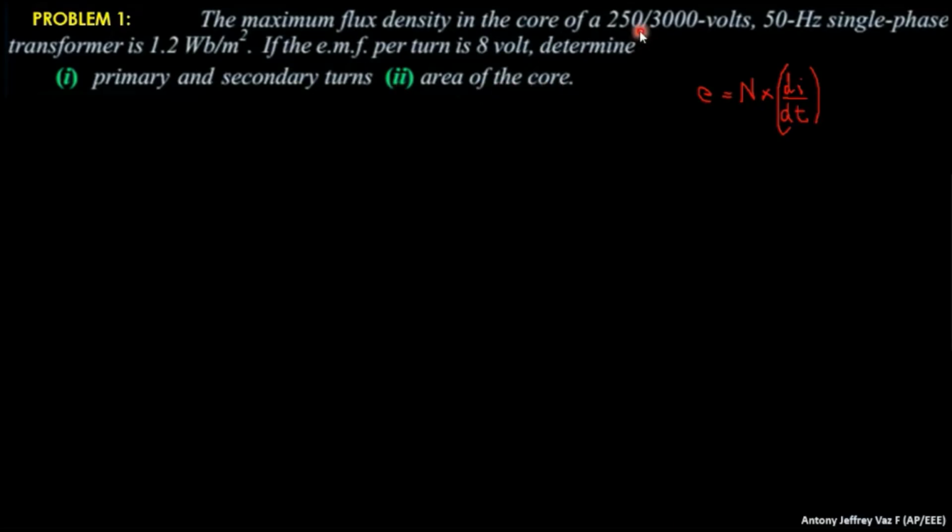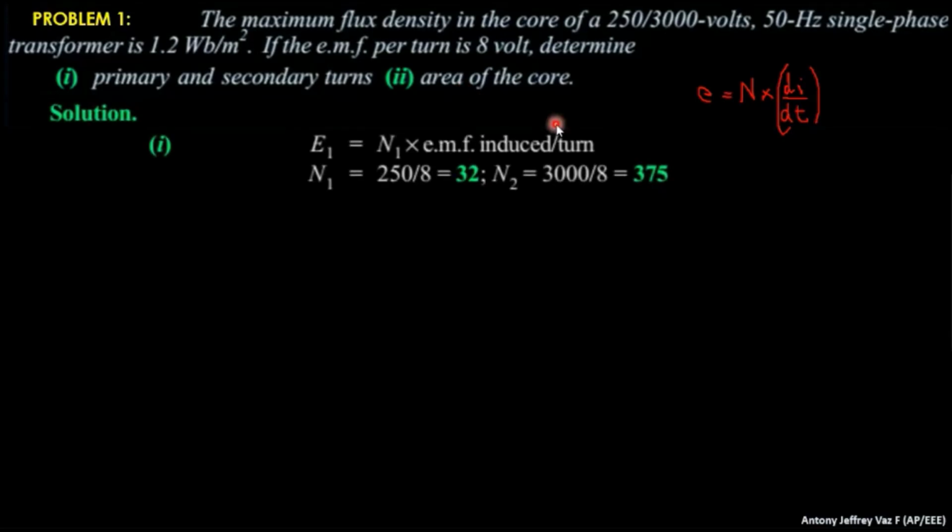Here the voltage rating V1 is 250, V2 is 3000 volt, so it is a step up transformer. The frequency F is 50 hertz, the flux density is 1.2 Weber per meter square, and the EMF per turn is 8 volt. You have to find the primary and secondary turns and the area of the core.